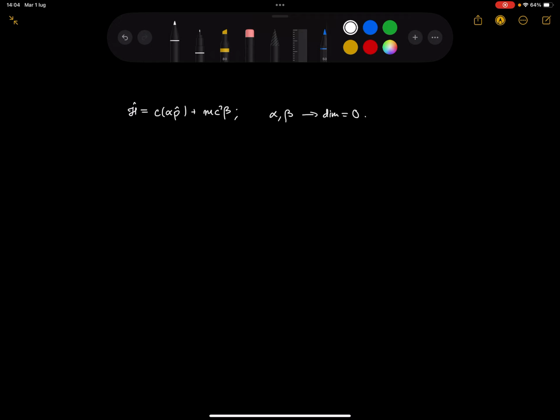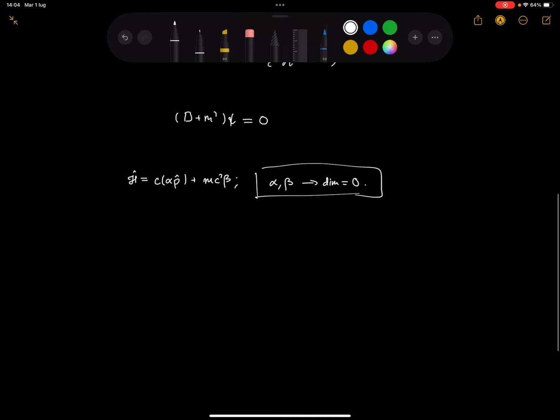And this essentially says that they're just dimensionless constants, such as not to ruin the relation which the Hamiltonian should obey in space-time. And c being constant also basically does not interfere with this.